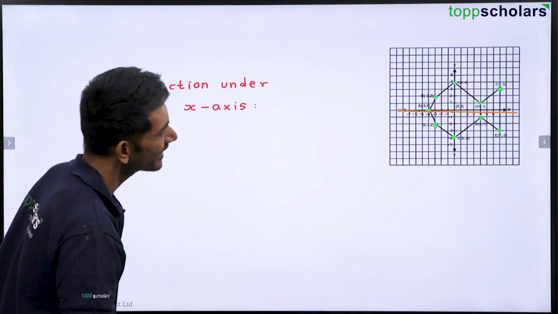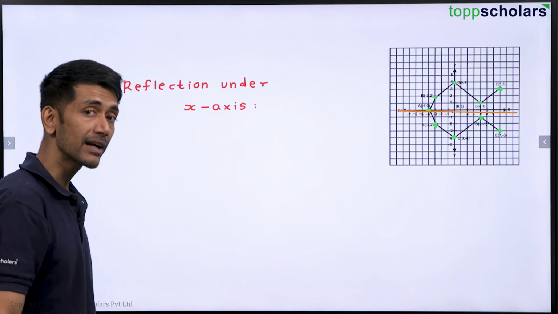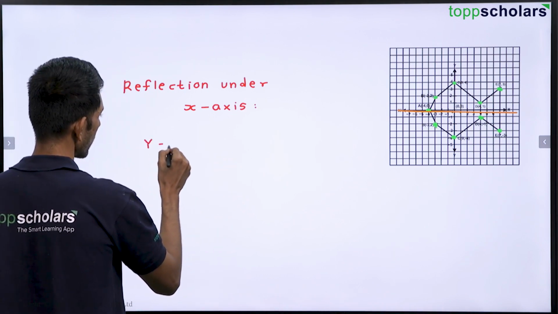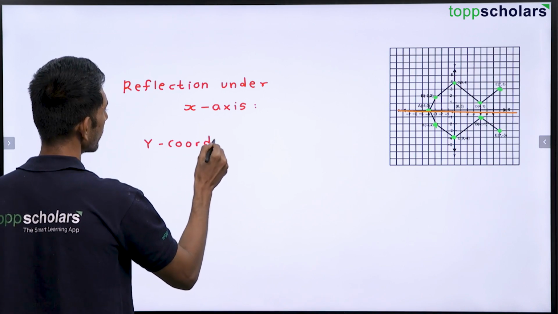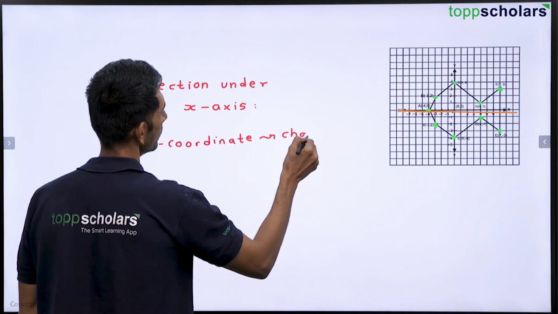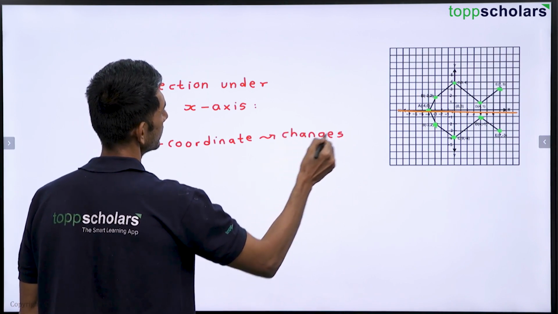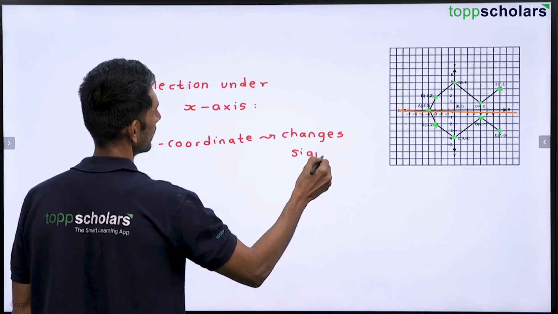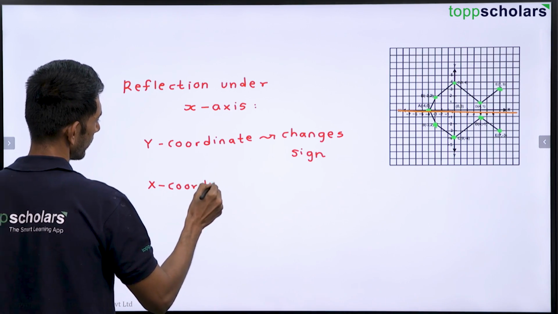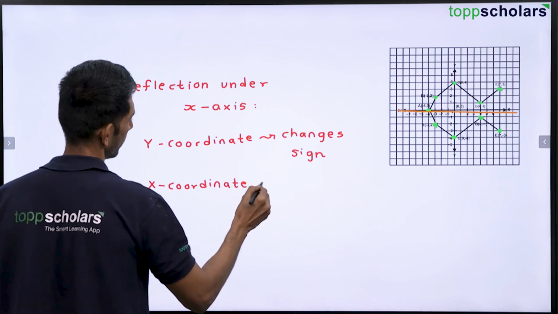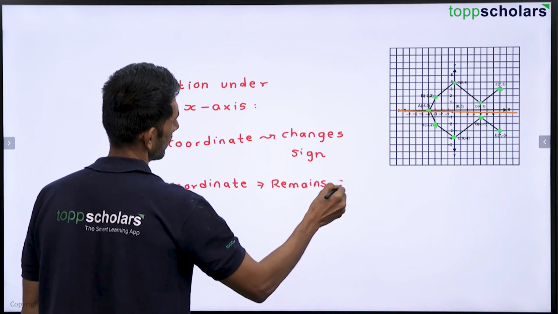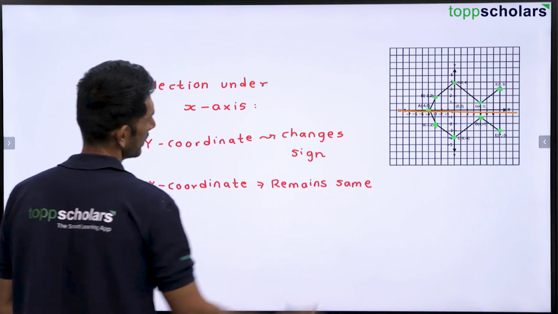Condition for reflection under x-axis. What is the condition for reflection under x-axis? The y coordinate changes sign, and the x coordinate remains the same.